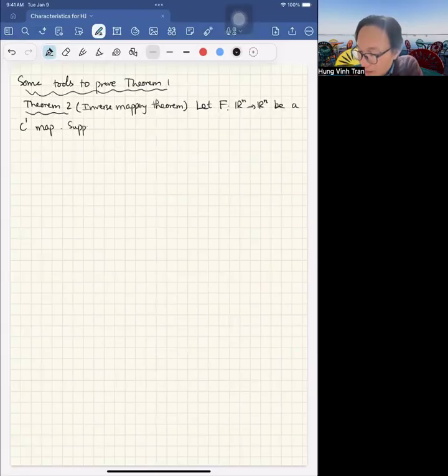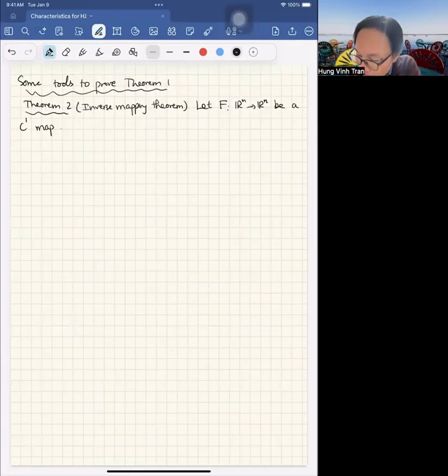Suppose that there exists a constant m big enough such that our map is never. No, no, no. Sorry, I take it back. This is for the inverse implicit mapping theorem. Okay, yeah.